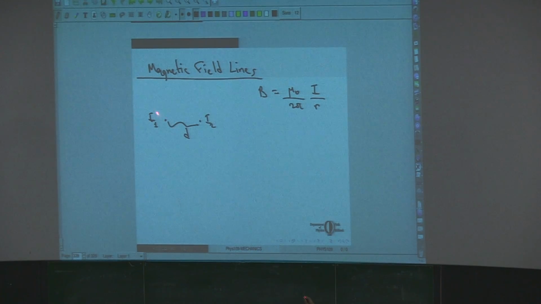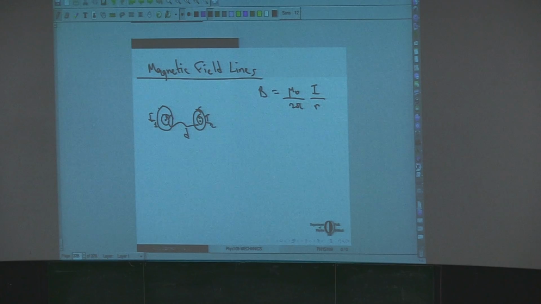So close to I1, the magnetic field lines are given by the magnetic field of I1 only, which are nothing but circles. So close to I1, these are our magnetic field lines. Similarly, close to I2, these are our magnetic field lines. But then as you go away from the wires, the magnetic field lines will feel the effect of the other one.